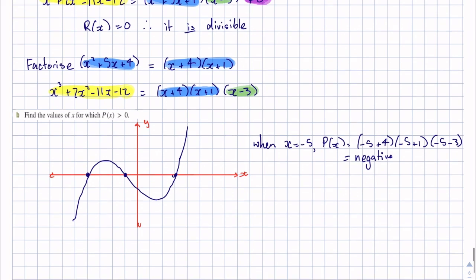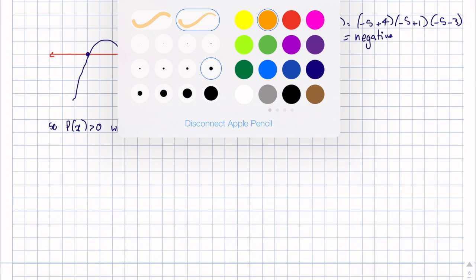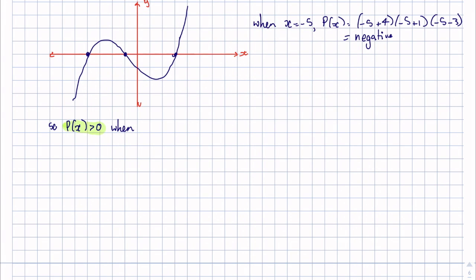So, to find when P of x is greater than 0, let's highlight the areas that have it greater than 0. I'm going to do these in hot green, sorry. It's greater than 0 here because it's positive here, and it's greater than 0 here. So considering this was minus 4, minus 1 and positive 3, it's greater than 0 when x is greater than or equal to negative 4 but less than or equal to negative 1.